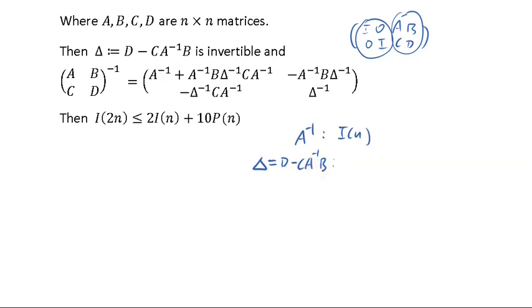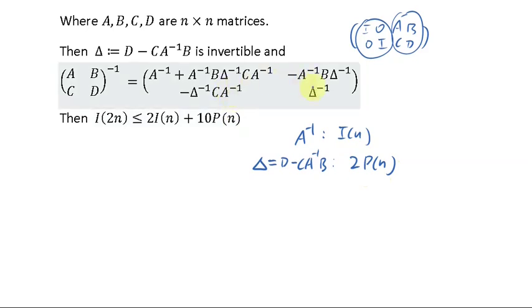Remember, in the calculation of the number of operations, we only count multiplications and divisions. We don't count additions or subtractions. So the number of operations is 2pn. Remember, pn is the number of operations needed to find the product of 2 n by n matrices.